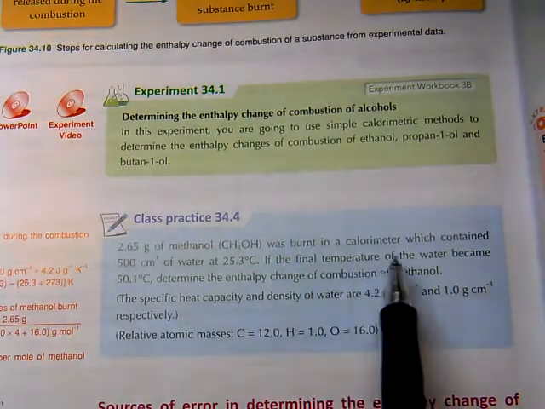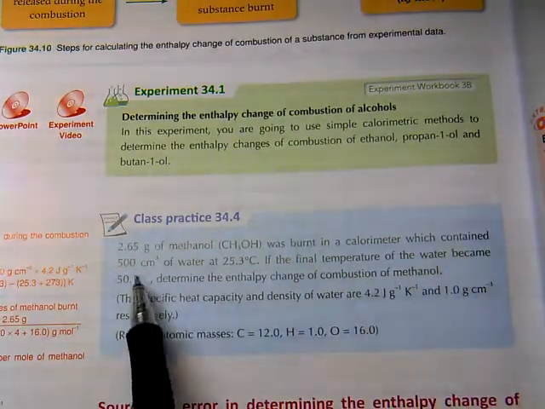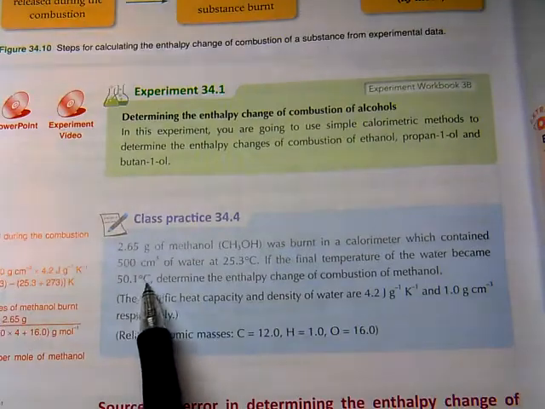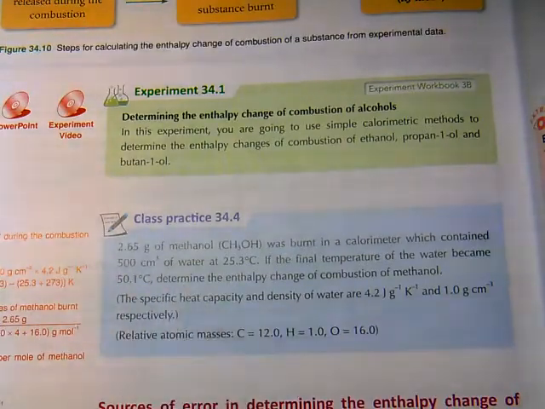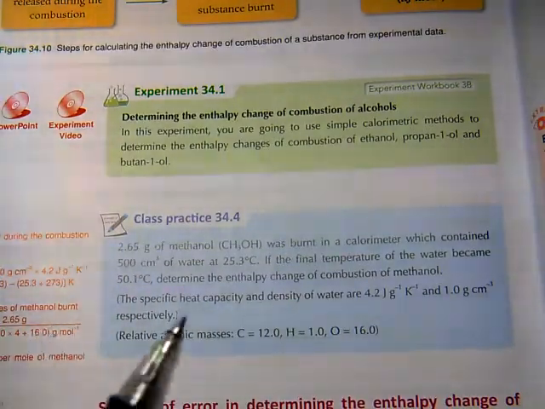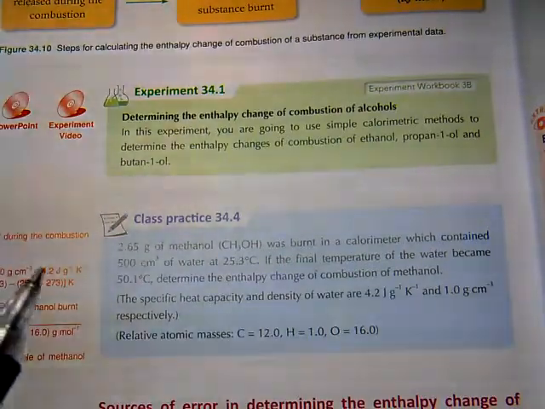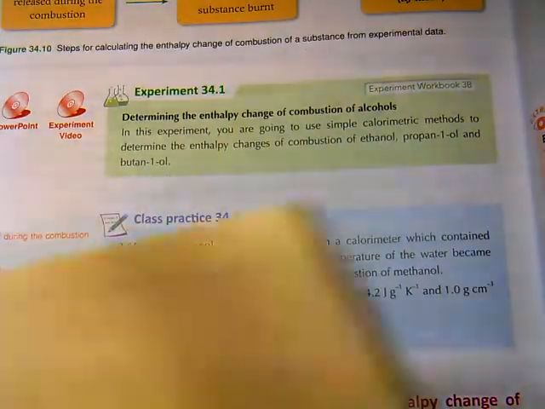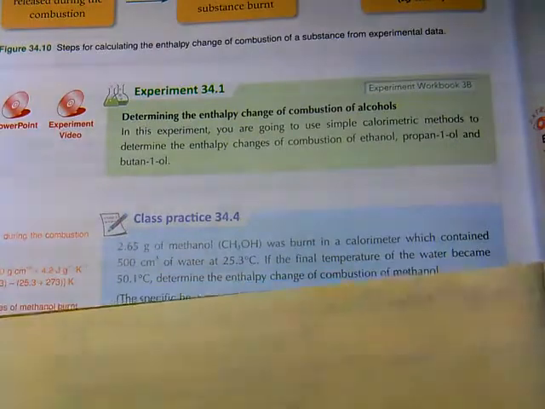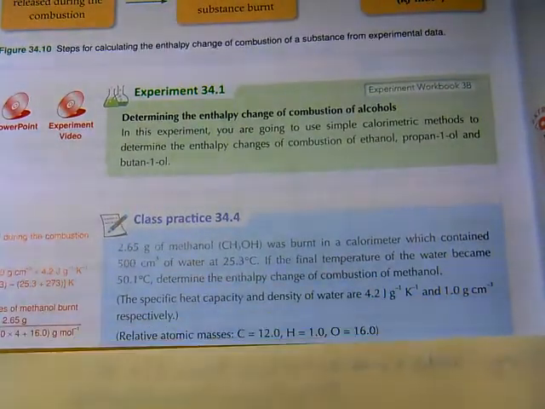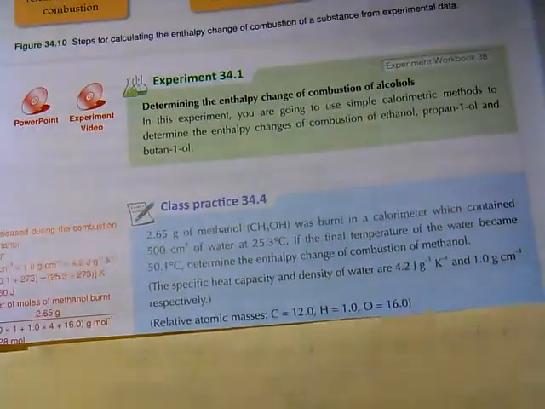If the final temperature of the water became 50.1 degrees Celsius, determine the enthalpy change of combustion of methanol. It's not difficult. Now, pause the video, do it by yourself, and let's check the answer.